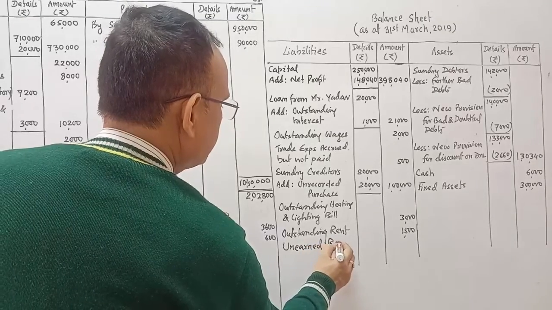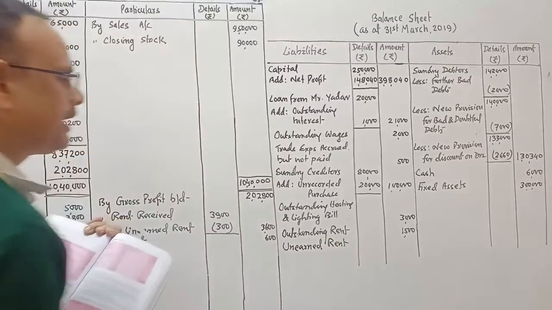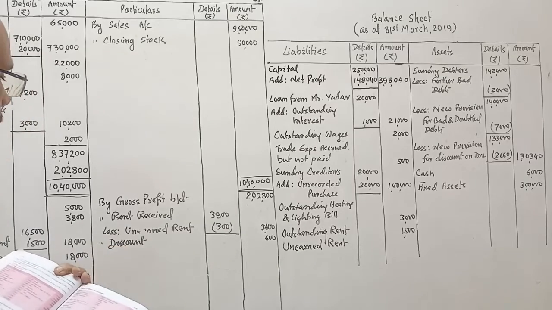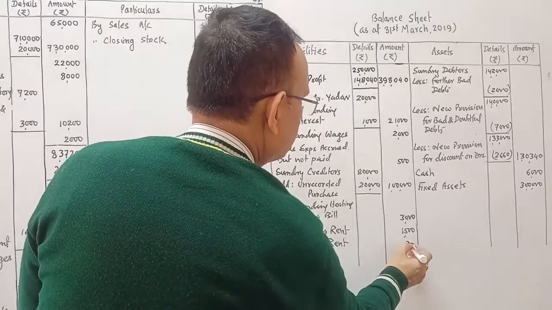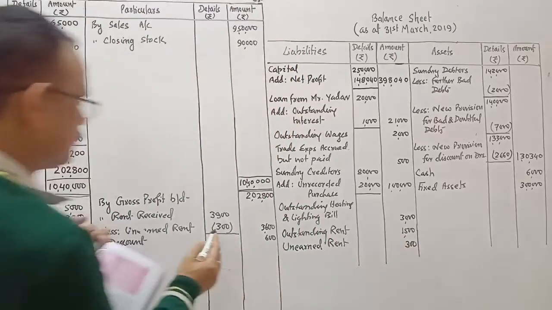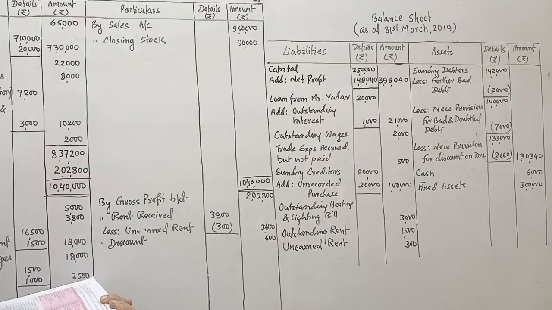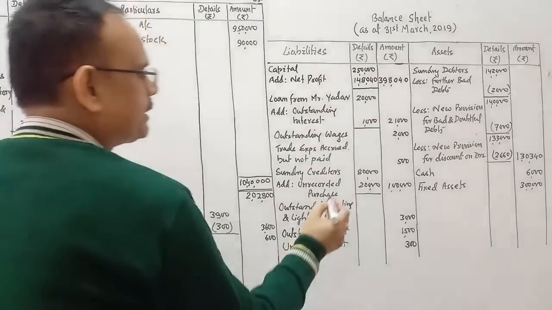You can say rent received in advance also. Unearned rent is 300, means rent received in advance.